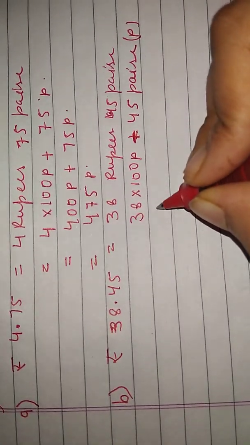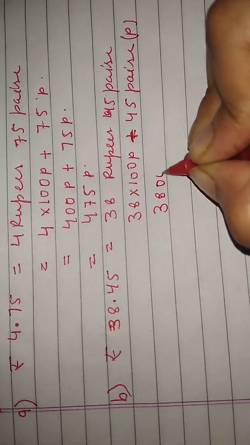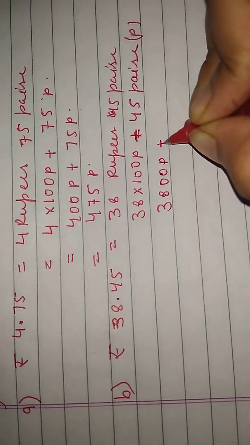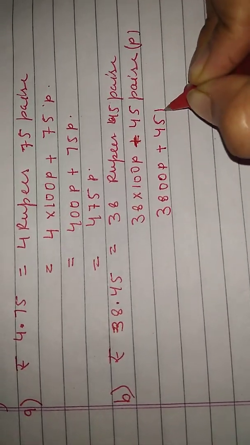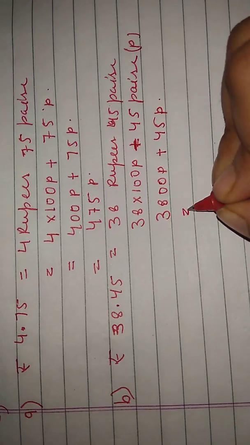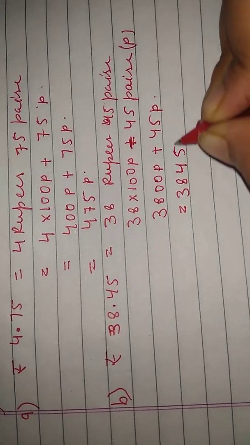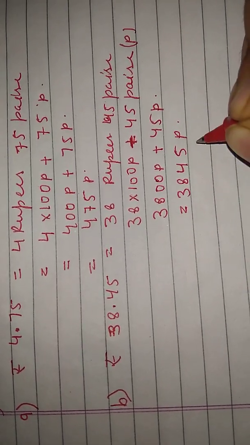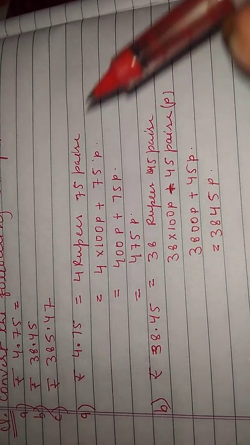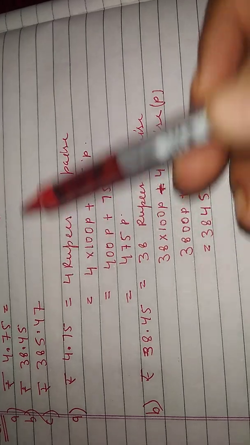Now this will become 38 times 100 paise plus this 45 paise. Now when we will add it, we will get 3845 paise. In the same manner you will do this C part yourself.